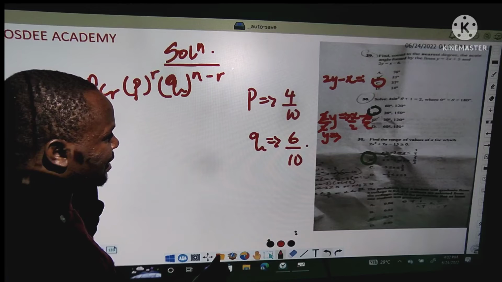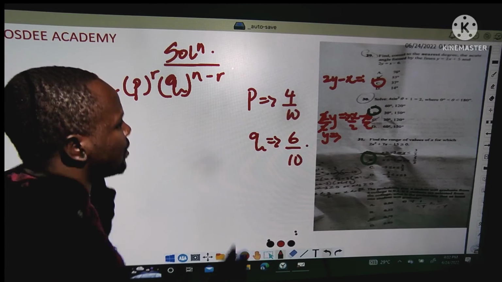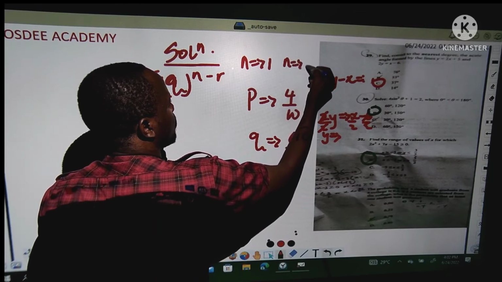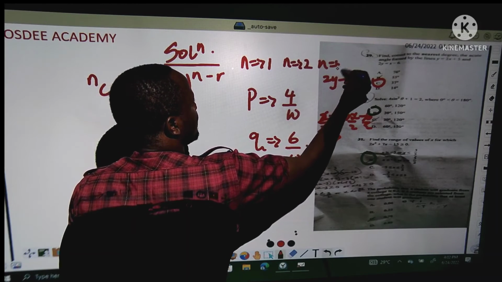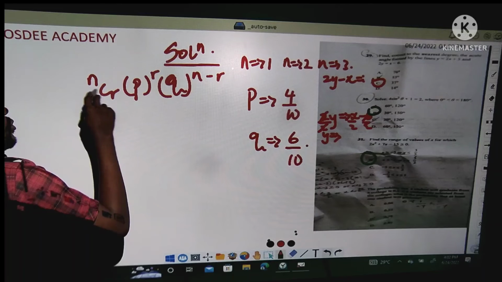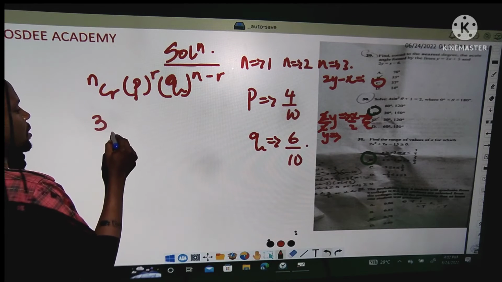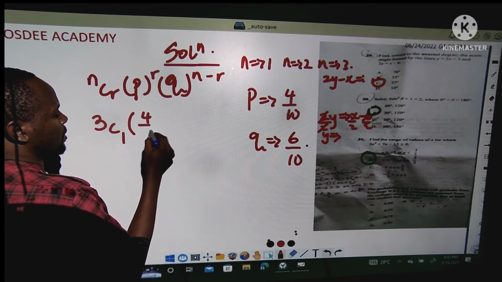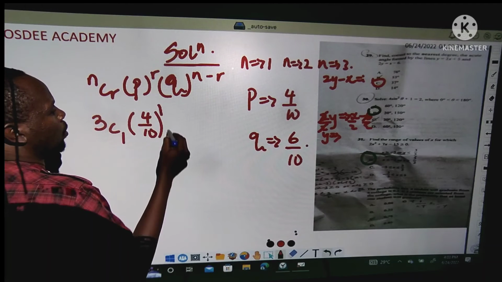So we are choosing at least 1. It can be when n equals 1, plus when n equals 2, and when n equals 3. That's what I'm doing for each of them. So if n equals 1, out of 3 people, 3 choose 1, and I have P, 4 over 10, raised to power 1.